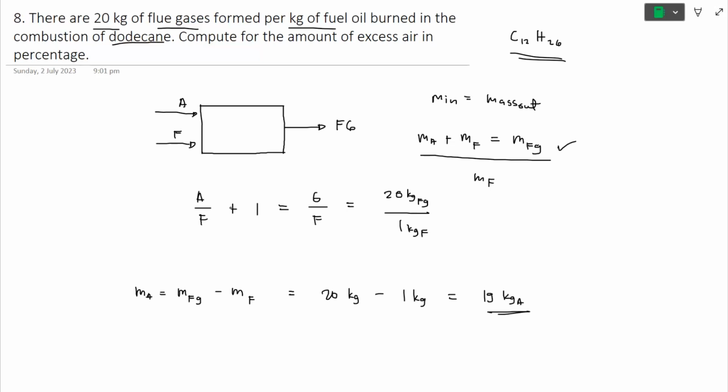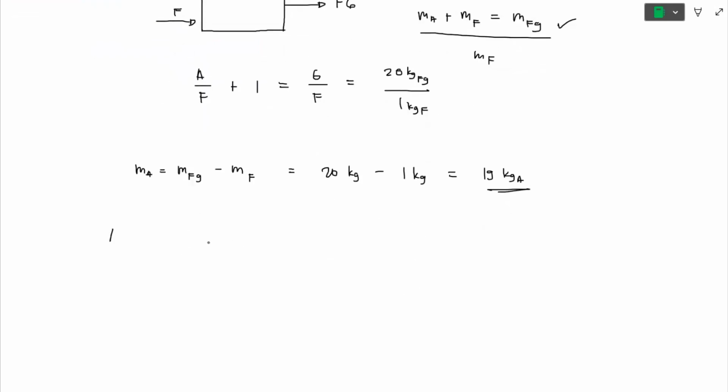Yan. So, pwede ko na palang makuha yung actual na yan. So, ang air-fuel actual is equal to air-fuel theoretical multiplied to 1 plus E. Okay? Meron ako 19 kilograms in every kilogram of fuel. Okay?